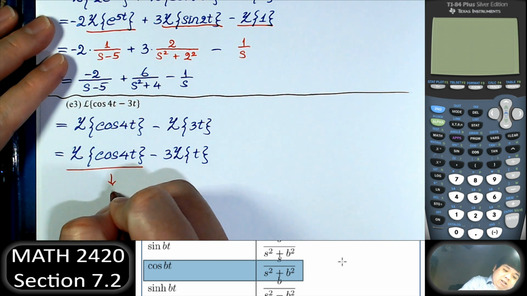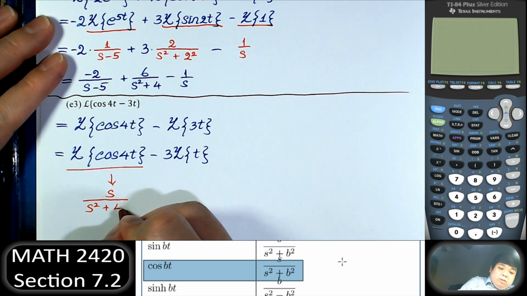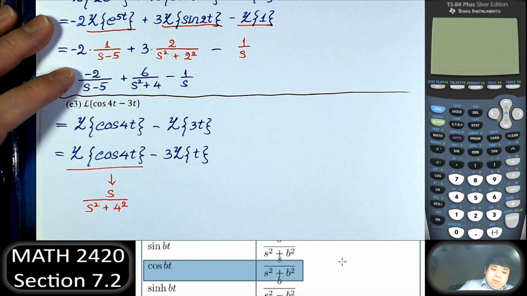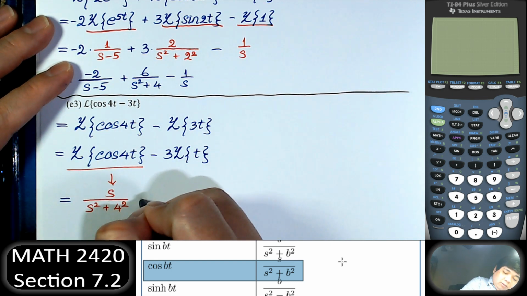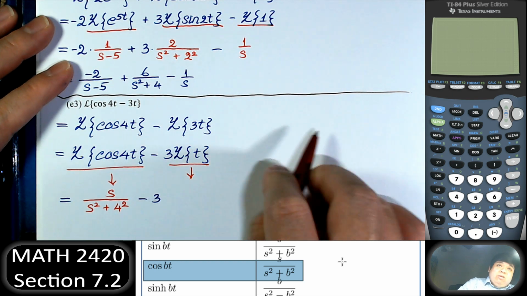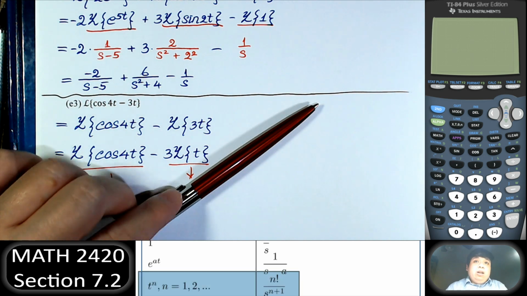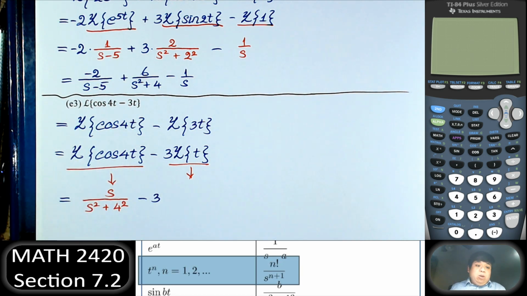So I have s over s squared plus b squared, b is 4. And for the transform of t, or we say t to the first power, in this case we use that formula with n being 1.